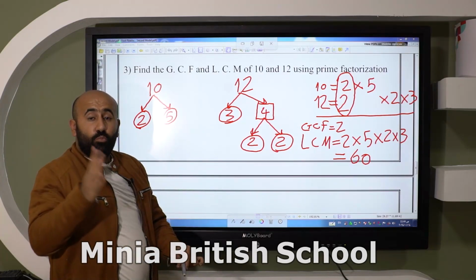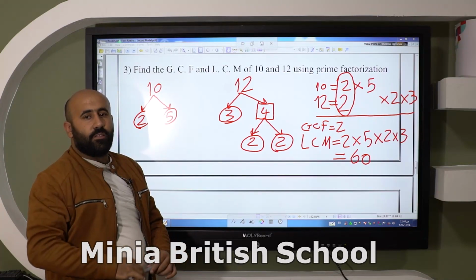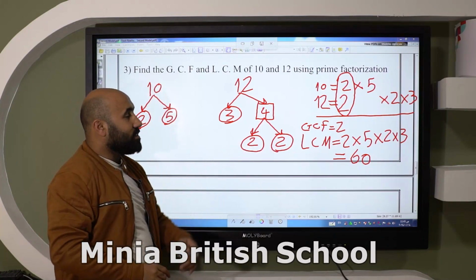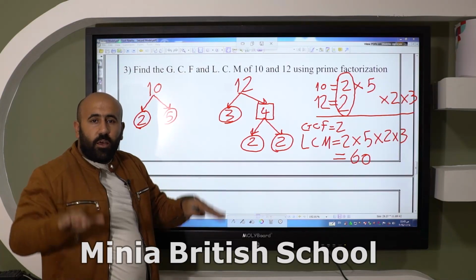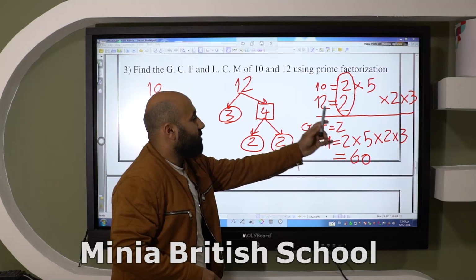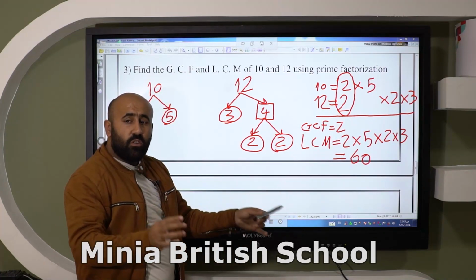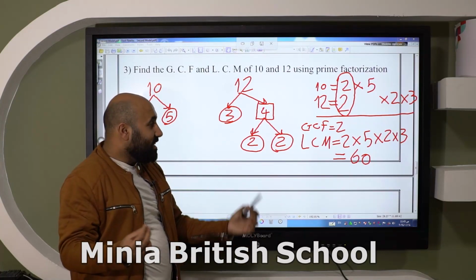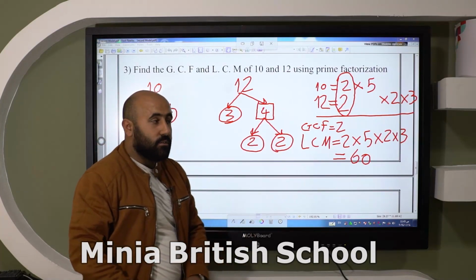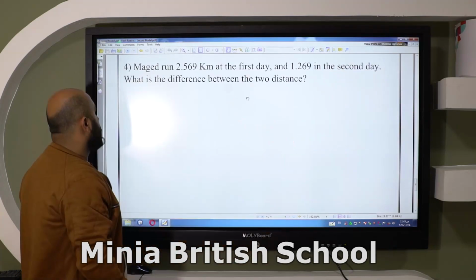If I have more than one factor, I will determine them and then multiply them. What about the LCM? Drop all numbers, then multiply. So 2 times 5 times 2 times 3, and then multiply them all in order quietly. It will be 60. Let's move to the fourth point.